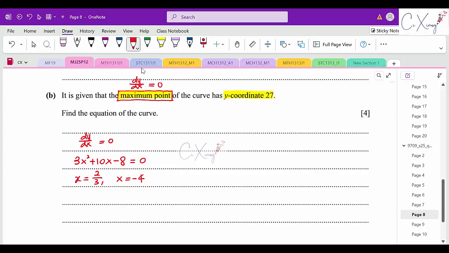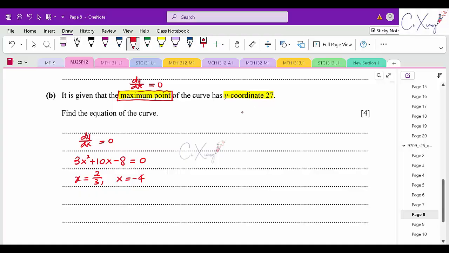Okay, alright. So now I want to know, I have a maximum point of the curve and it is y equals to 27, right? But my problem now is I want to know which coordinate of x here will give me the y coordinate of 27.